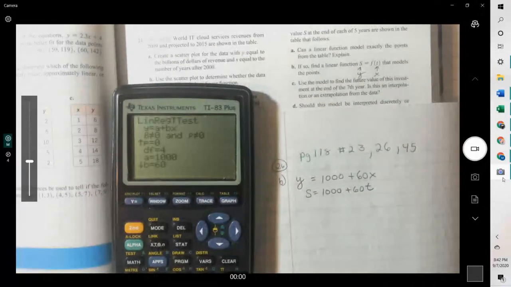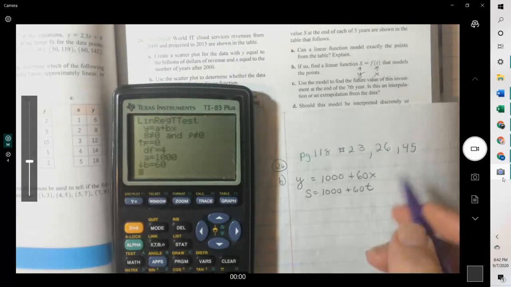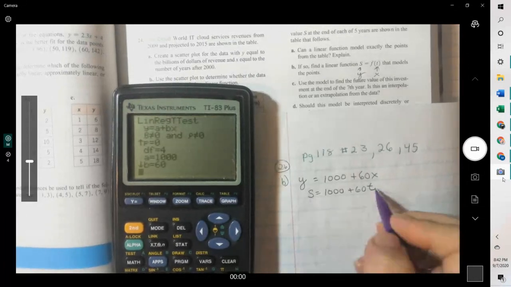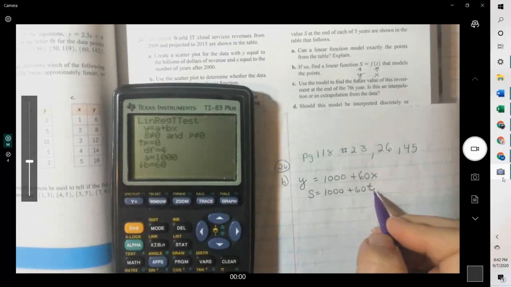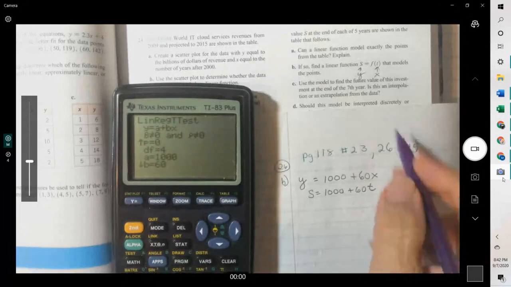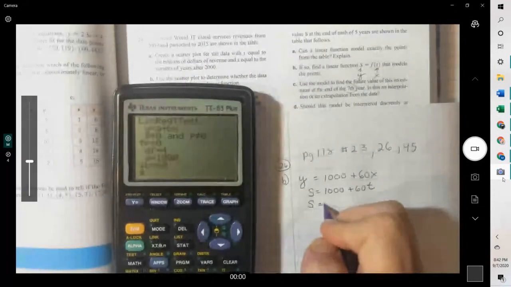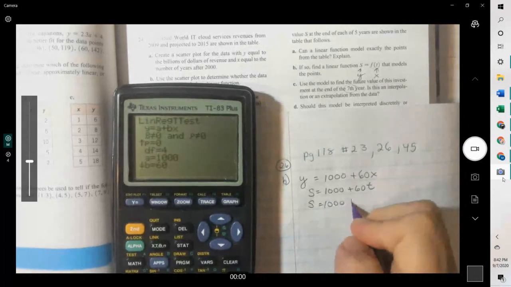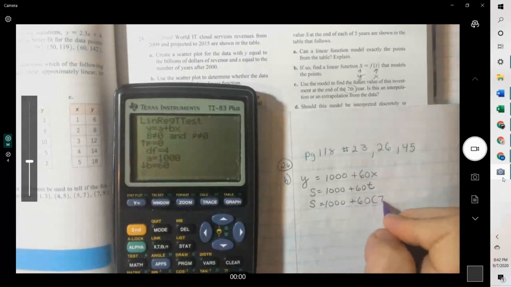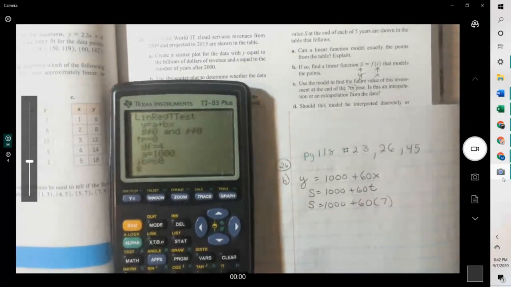So when plugging things into MyMathLab, make sure you're using the variables that they want. On the test, I would be fine with x and y. So I want to find savings at t, which was the 7th year.